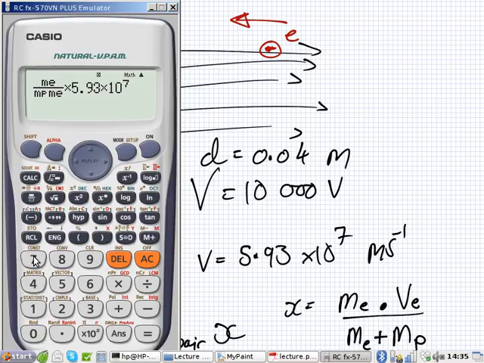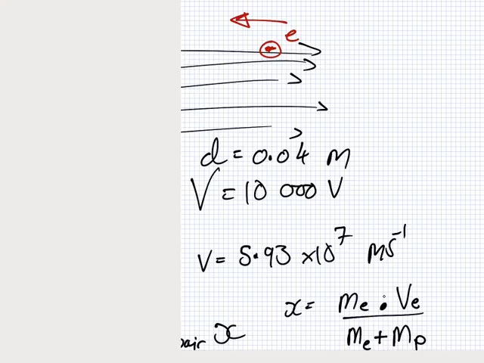Oh, what was my mistake in my typing? They move off at, if I divide by 1,000, 32 kilometers per second. 32.3 kilometers per second.